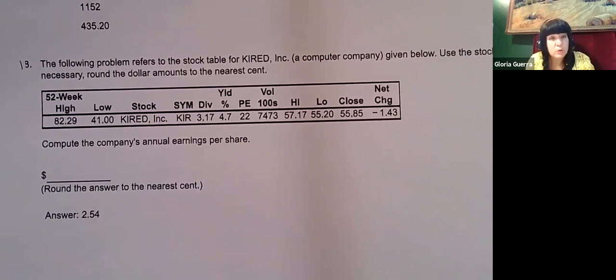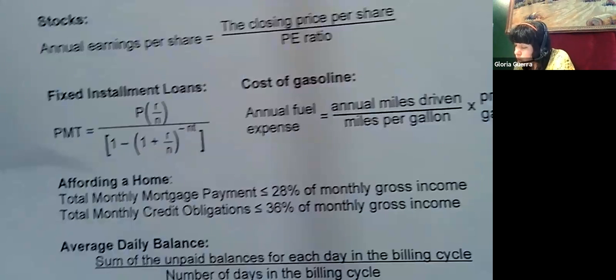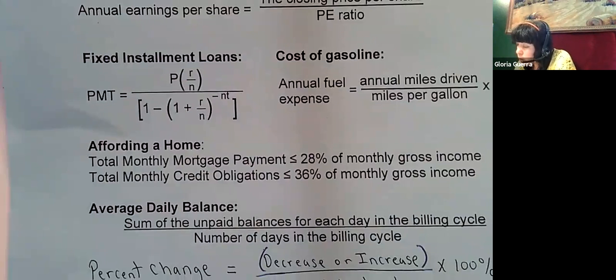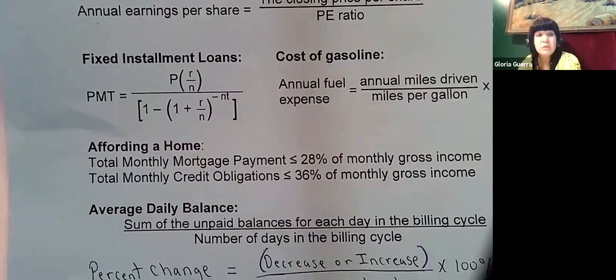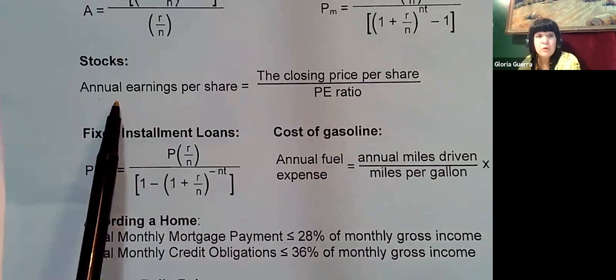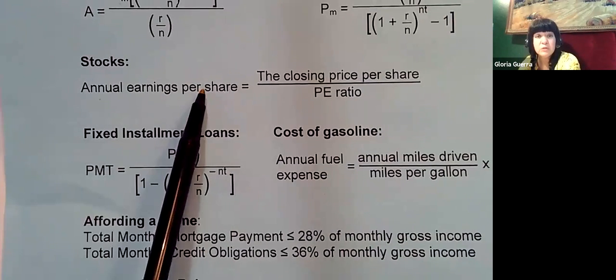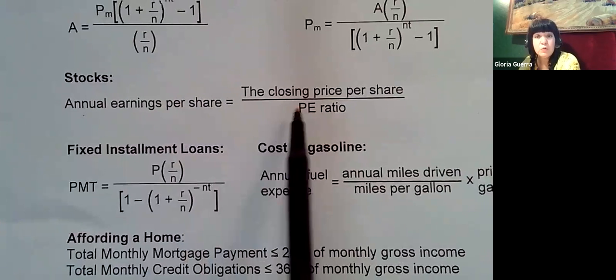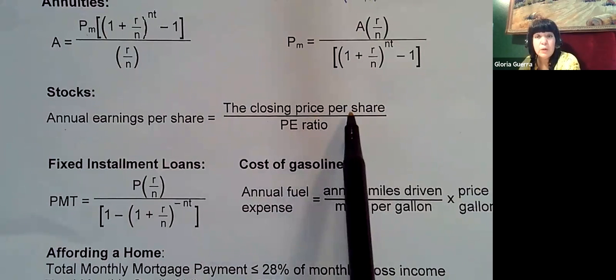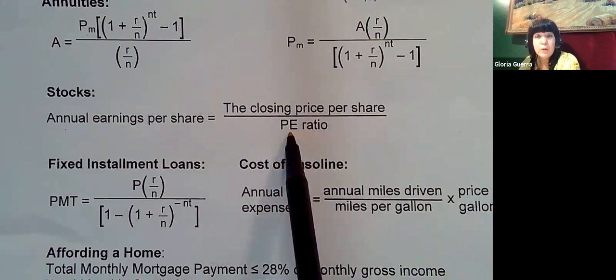Okay, so company's annual earnings. Okay, we want this. See, this says right across stocks, annual earnings per share on stocks. Your closing price per share divided by the PE ratio.